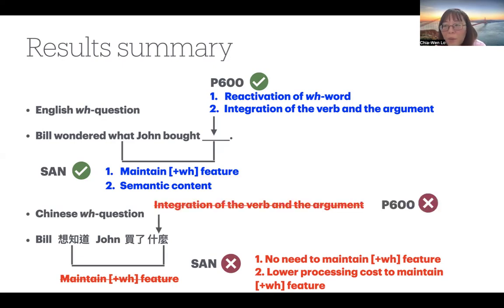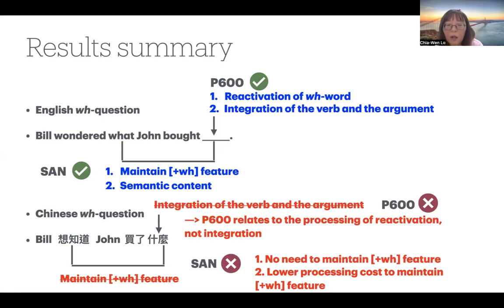And also, we didn't observe any P600. This suggests P600 relates to the processing of reactivation of the WH word, but not integration, because in Chinese WH questions, we don't move the WH word to the front of the sentence overtly.